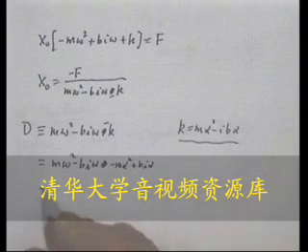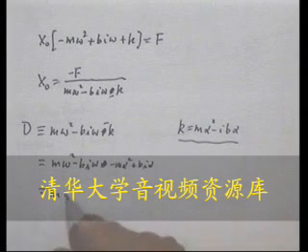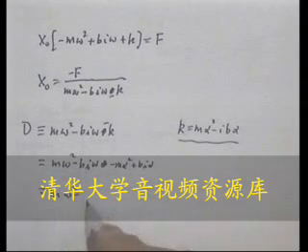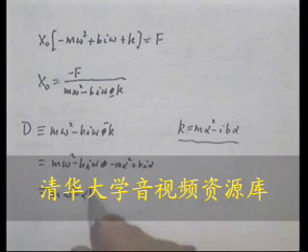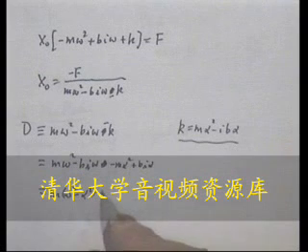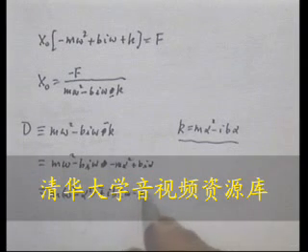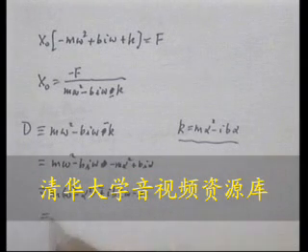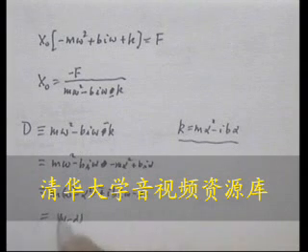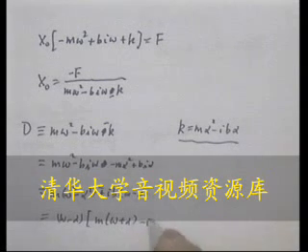So that is equal to m omega squared minus alpha squared plus b i, or minus b i, omega minus alpha. So that is equal to omega minus alpha times m omega plus alpha minus i b.